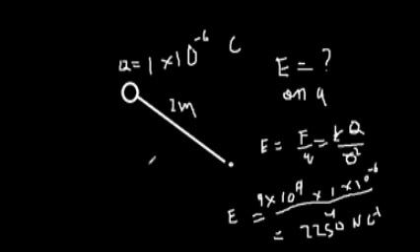on Q. We have found the electric field. Now we have to find the force on the small q. This is the small q and this is the big Q. What is force?